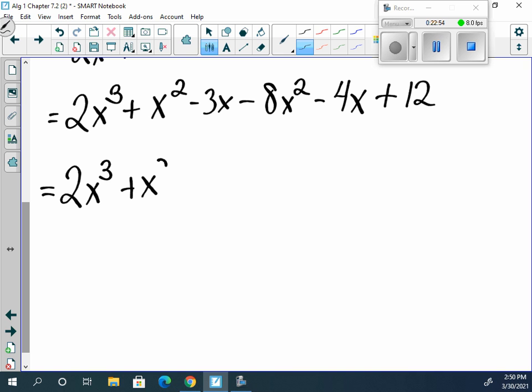Now, positive x squared's like term would be negative 8x squared, because both of those terms have an x squared. They're like terms. So we've taken care of 2x cubed, x squared, and negative 8x squared. What term would go next?